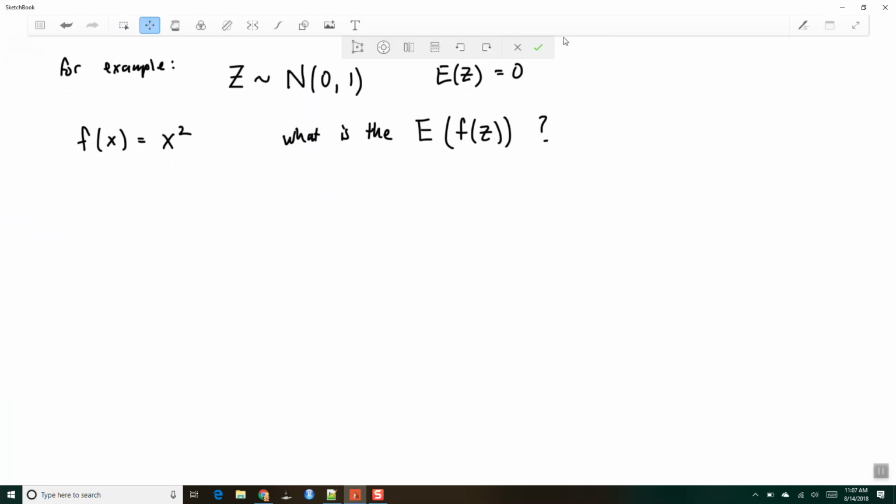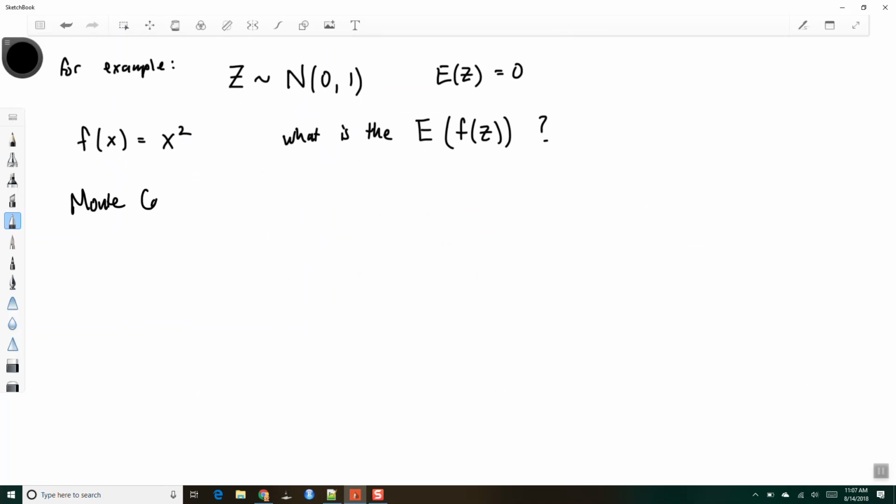Okay, so the Monte Carlo approach basically avoids any kind of actual math. Let's generate a bunch of z's here, and then let's square them.